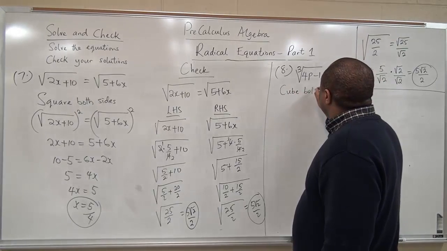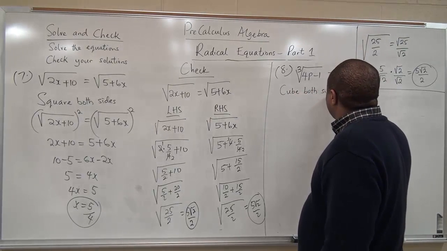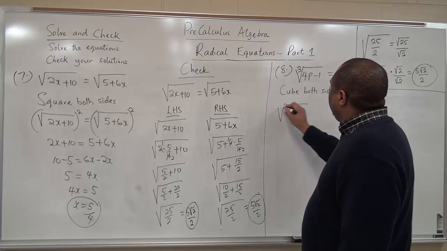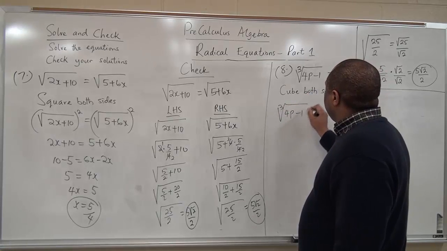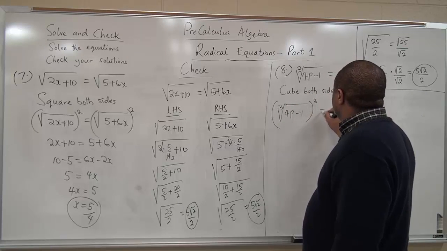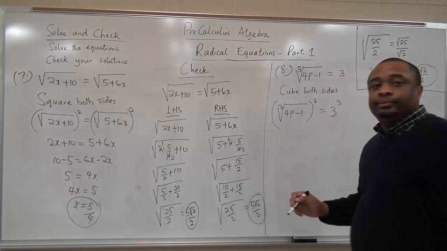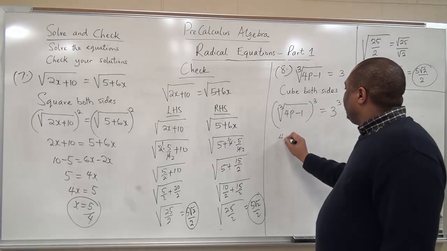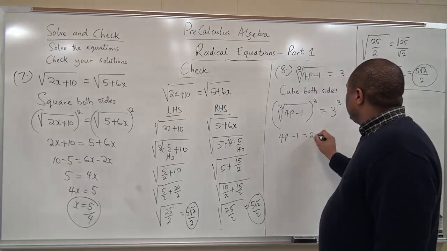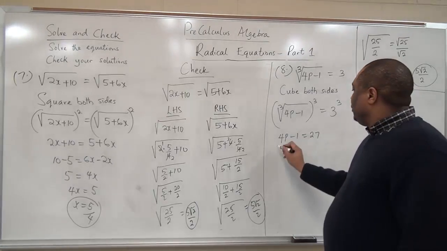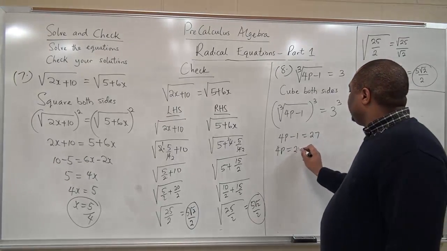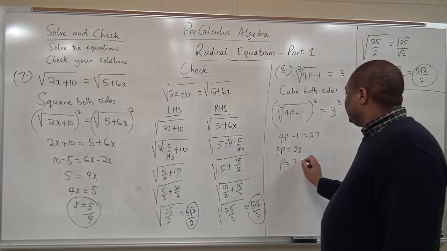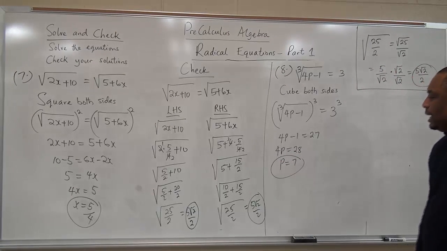Cube both sides to remove the radical. So this means that cube root of 4p minus 1 all cubed equals 3 cubed. So that means that 4p minus 1 is equal to 27. 4p is 28. And p is 7.